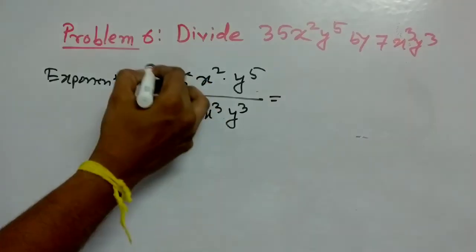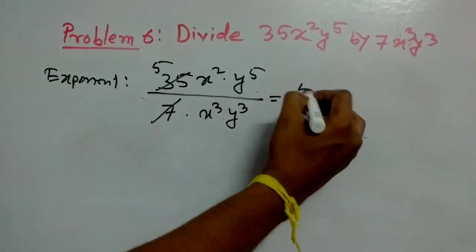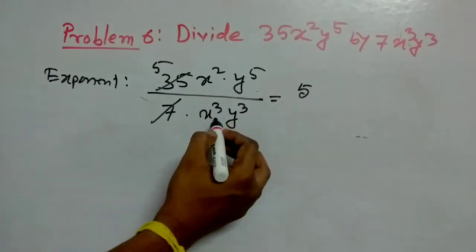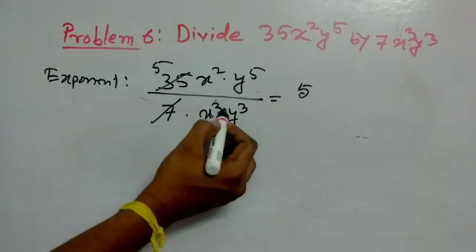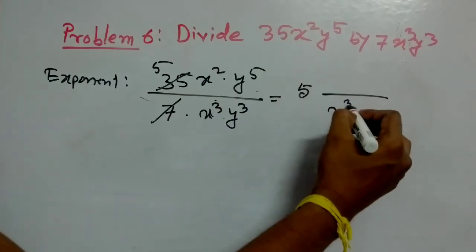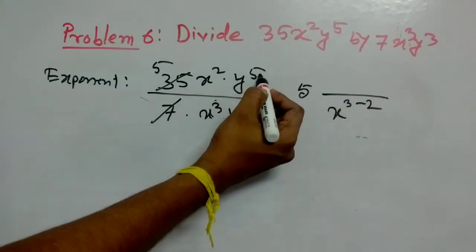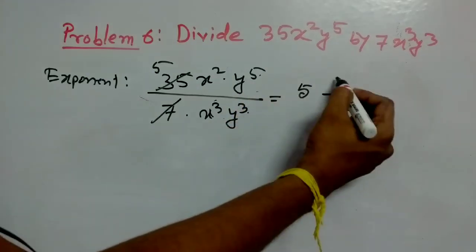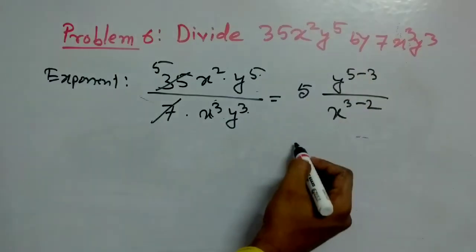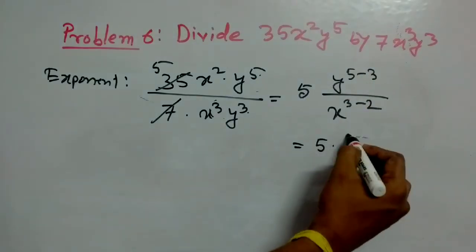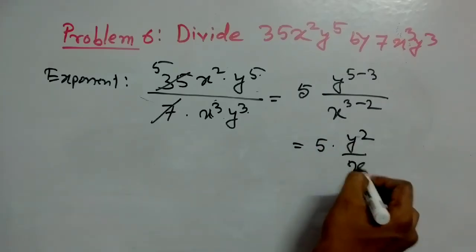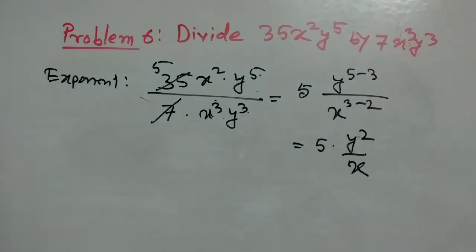This is 5. Now x square and x cube: 3 is obviously greater than 2, so we will write x to the power 3 minus 2. Now 5 is greater than 3, that is why we will write 5 minus 3. So y is 5 minus 3, which is 2, and x is 3 minus 2, which is 1. So this is the answer.